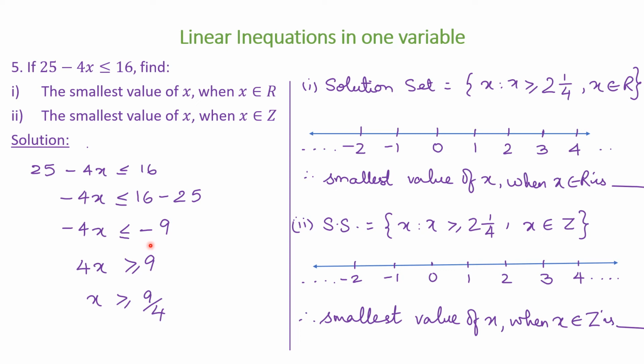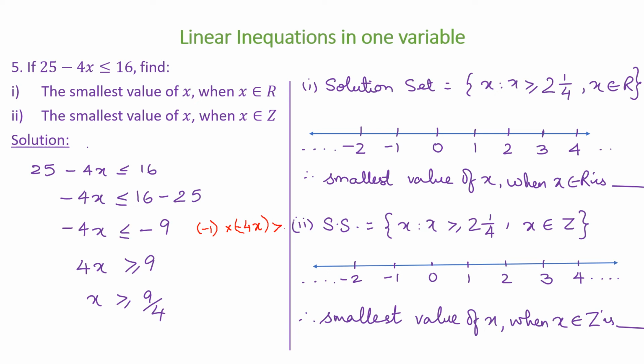Now in my previous slide, when I gave you the steps, I had explained that if you are multiplying or dividing by a negative value, your inequality changes. So since this is minus 4x is less than or equal to minus 9, if I multiply by minus 1, that is minus 1 into minus 4x, my inequality changes.